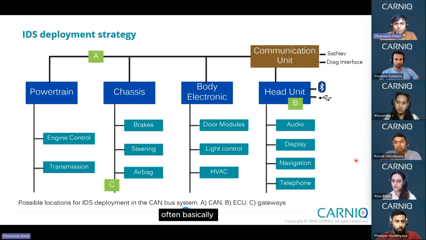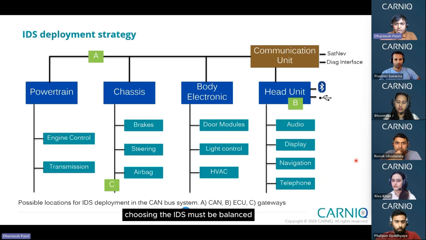So IDS often are not chosen because of so many false positives or sometimes so many false negatives. And the best way, during the architecting of this IDS, is that it needs to be balanced out.